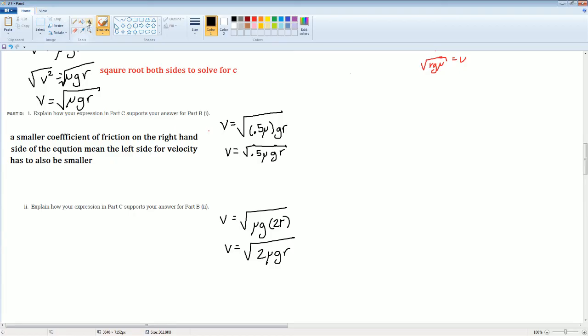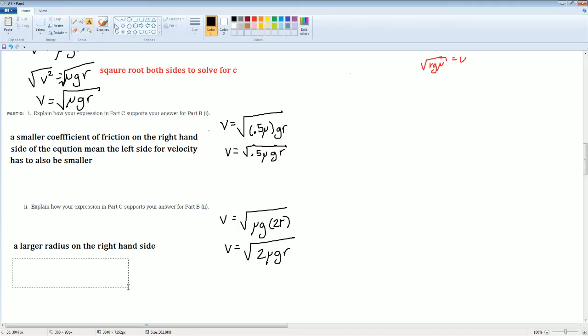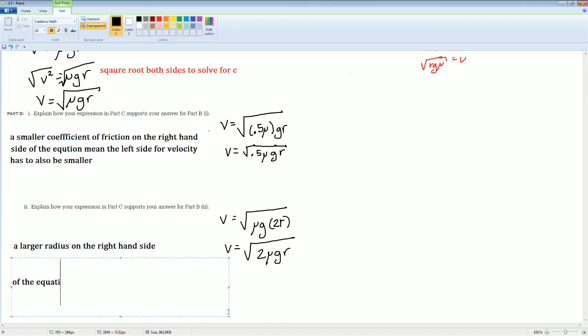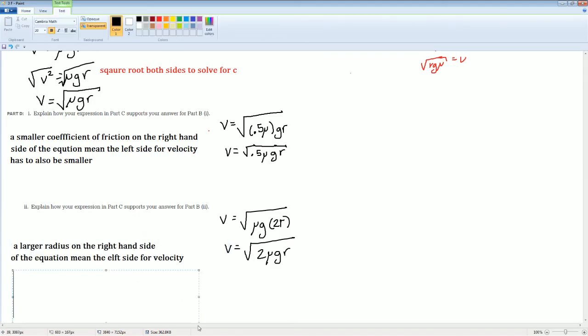So we can write a larger radius on the right hand side of the equation means the left side for velocity has to be greater.